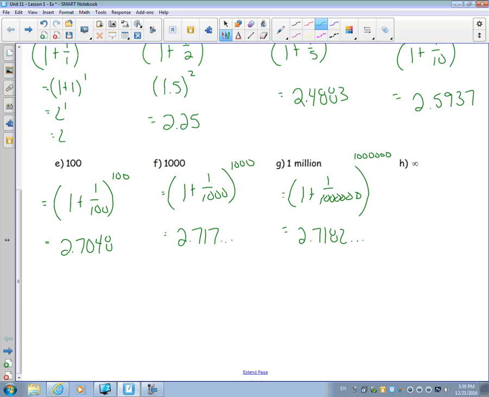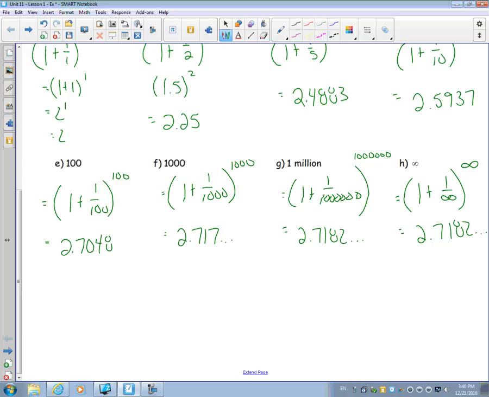Now, what if we go one more step? Infinity. Think of the biggest number you can possibly think of, the biggest number your calculator can handle, and if you make that as a fraction, to an exponent, if you punch it in, you should end up with 2.7182, and obviously a few more decimals after that. So what do we notice?